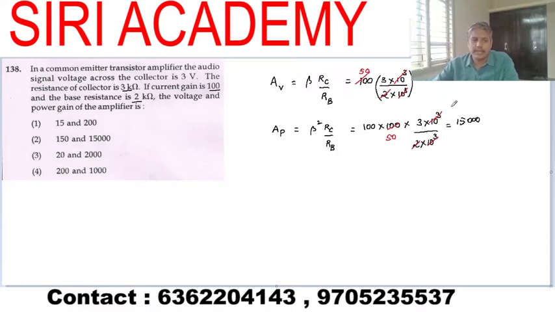So the voltage gain is given to be 150 and the power gain is given to be 15,000. So the option corresponding to this question is the second option.